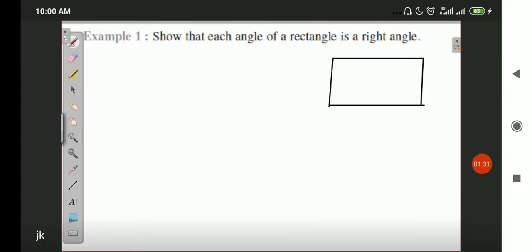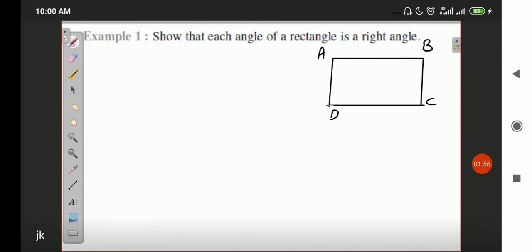We have to prove that ABCD is a rectangle. Once again, what is the definition of a rectangle? Both pairs of opposite sides are equal, both pairs of opposite sides are parallel. That is the definition of a parallelogram. And secondly, the important part, how does a rectangle differ from a parallelogram?